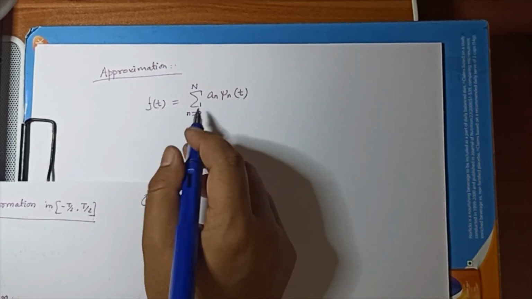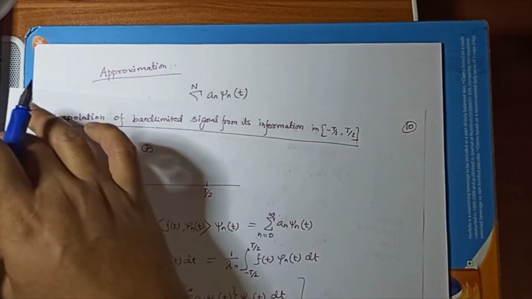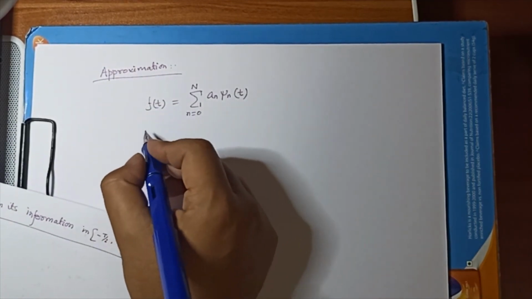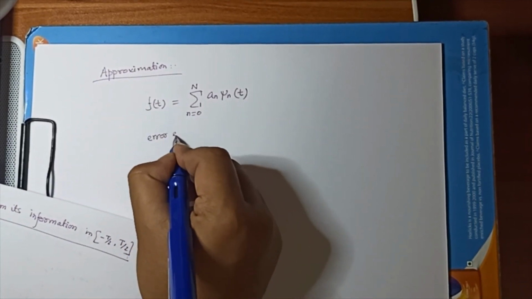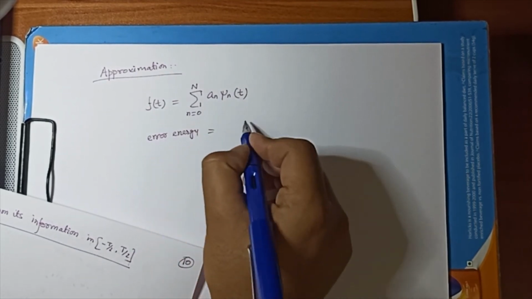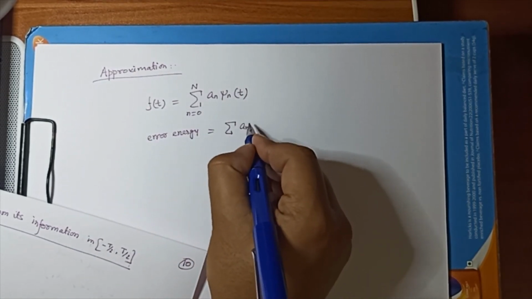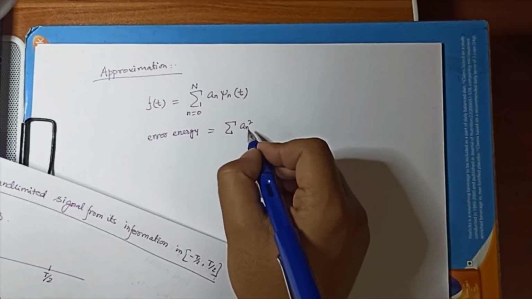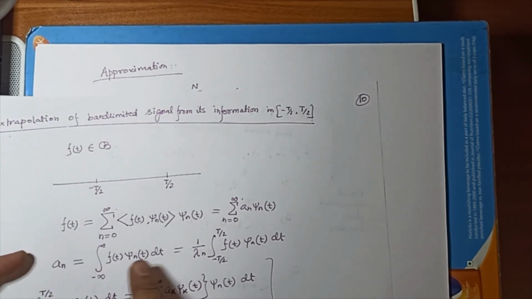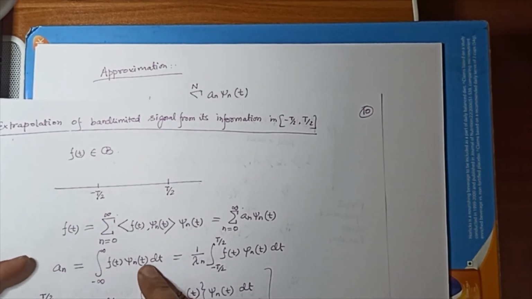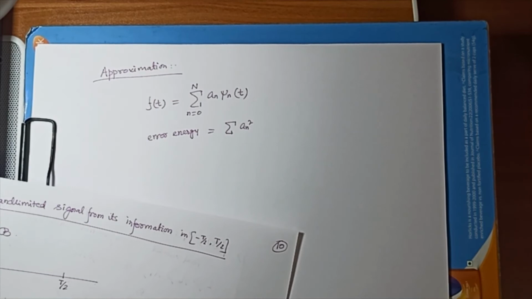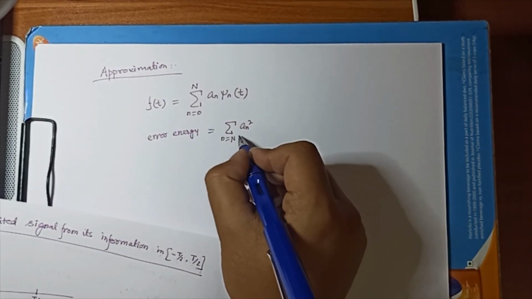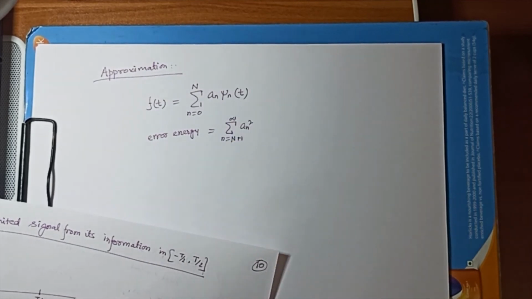You know that for the entire signal, the band limited signal over the entire real line, the error energy will be basically the summation of a_n squared. These a_n are real, because f(t) is real and the wave functions are real. So I'm simply writing a_n squared, n equal to capital N plus 1 to infinity.